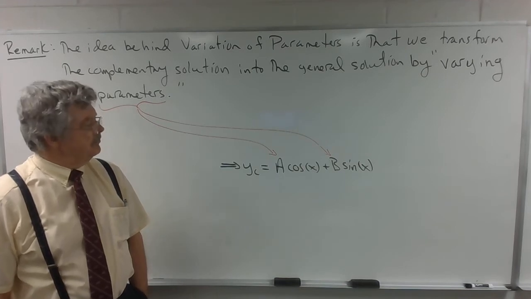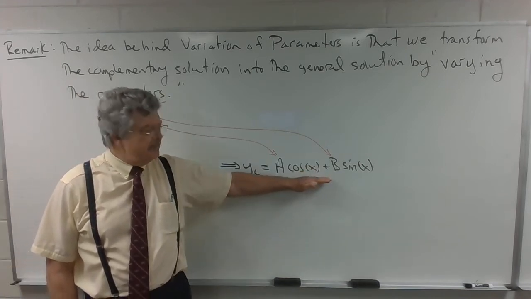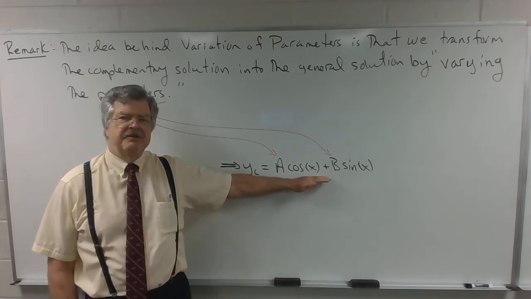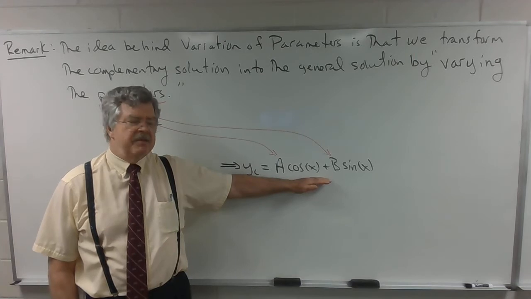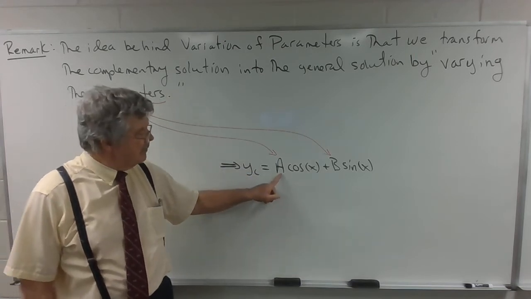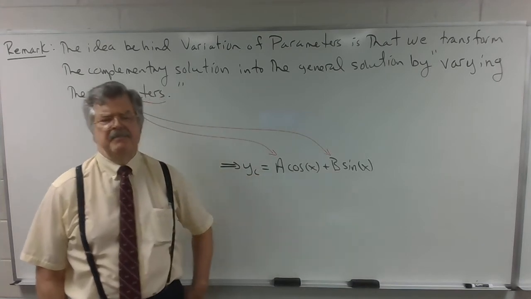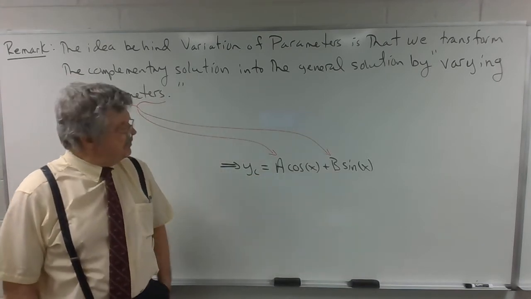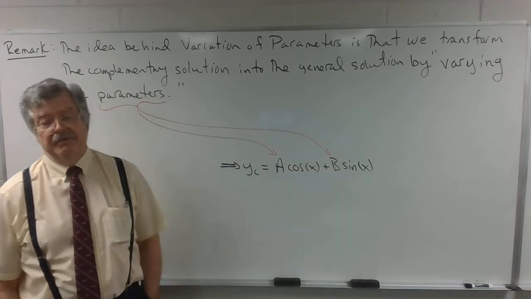So we look at this and we say, you know what? We know that this is going to be part of the general solution anyway. Maybe somehow we can play around with this parameter A and this parameter B to turn this complementary solution into the general solution.